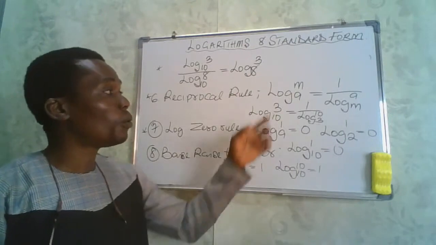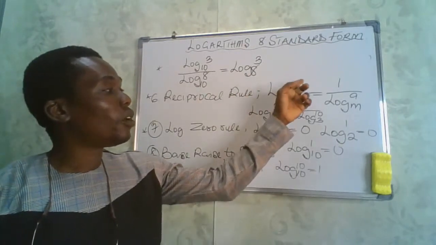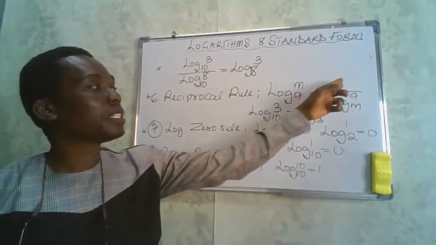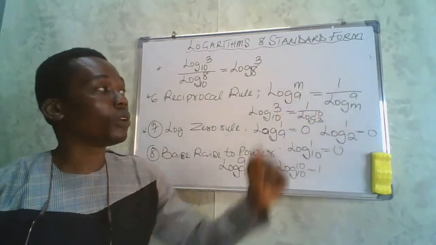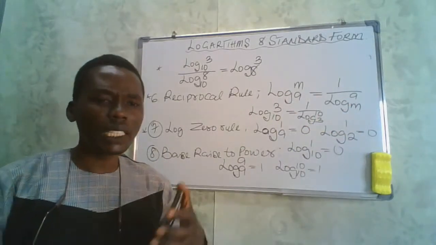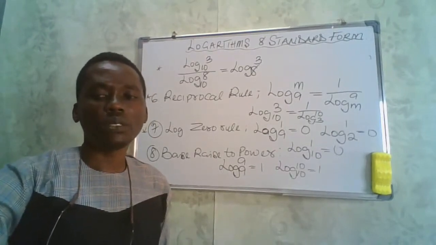But this reciprocal rule is very important: whenever a log changes with its base, it can be reciprocated in order for the base to become the log, and the log can become the base. Now, these are some of those rules we need to play around with when we deal with logarithm.